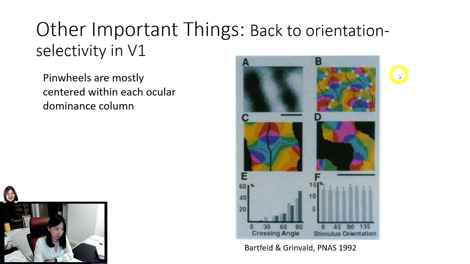I remember it was roughly 80% of these pinwheels lay perfectly down the midline of each of these ocular dominance columns. So it's very systematically organized in your visual cortex.